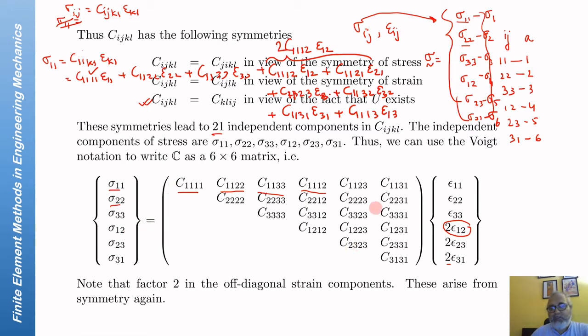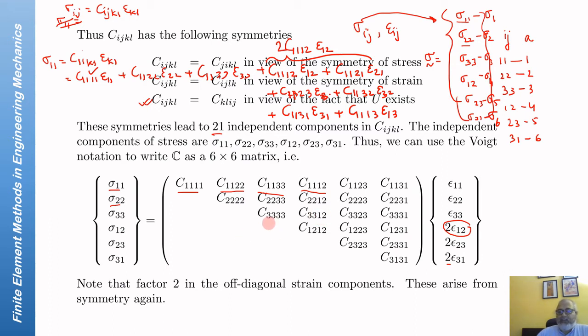So this will be your stiffness matrix now, not a fourth order tensor anymore. And the 21 independent components that are needed are all represented here. The rest of it is symmetric. This is a 6 cross 6 matrix, so it has 36 components, out of which only the upper triangular part is needed.